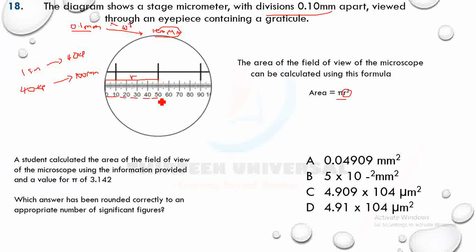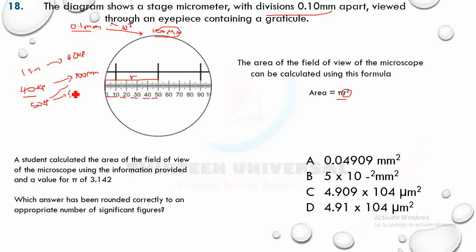That's the radius. So 40 eyepiece graticle gives us 100 micrometers. So 50 will now give us what measurement? That will give us our radius. Cross multiply: 50 times 100 divided by 40.